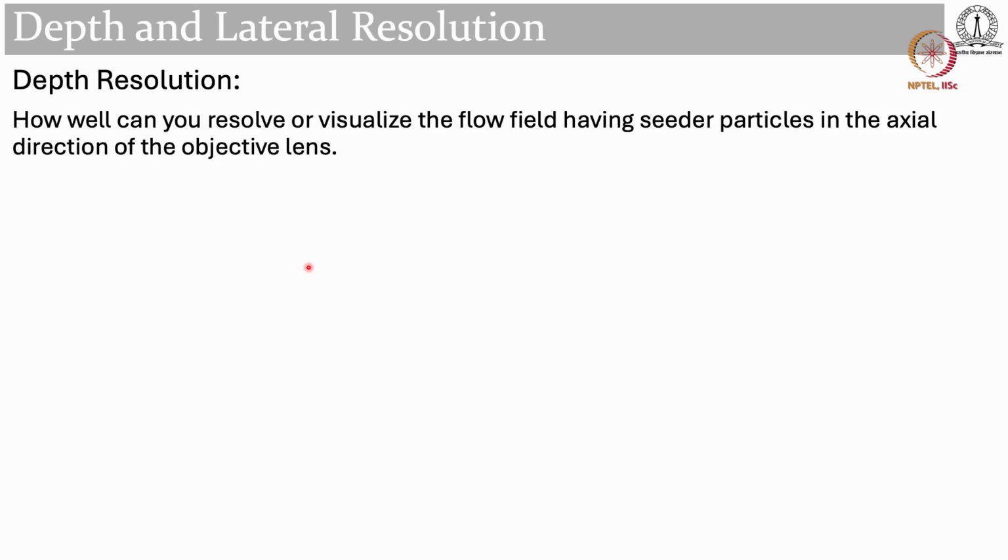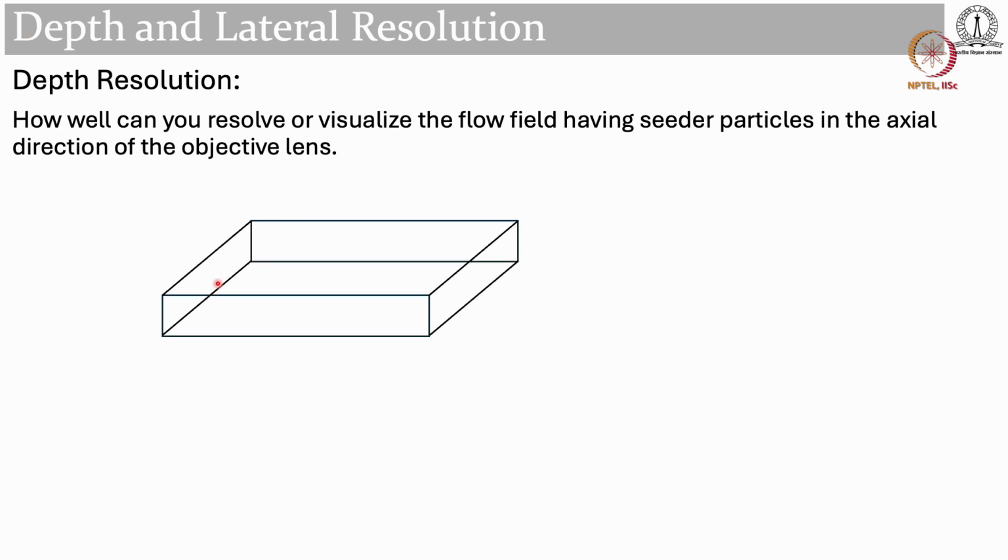By depth resolution, what I want to say is how well you can resolve or visualize the flow field having seeded particles in the direction of the axis of the objective lens, that is, the depth of your channel. If I show you a schematic here, suppose you have a micro channel like this with the x, y, and z directions.